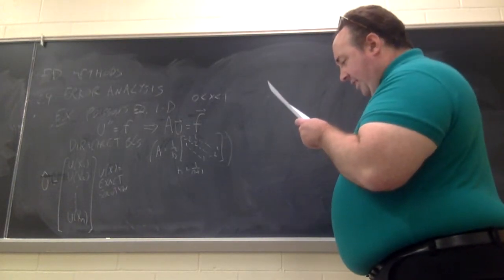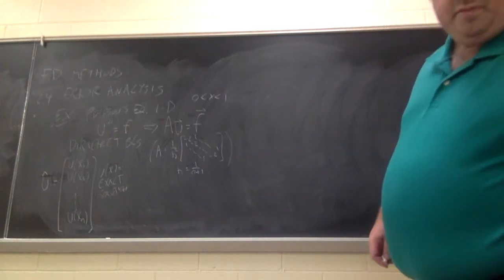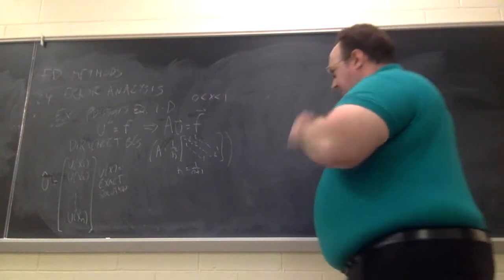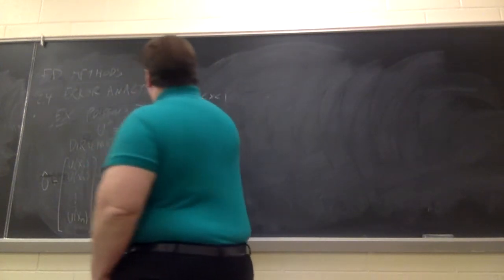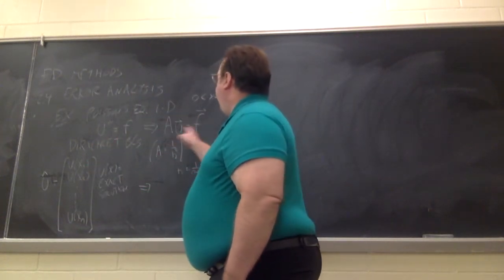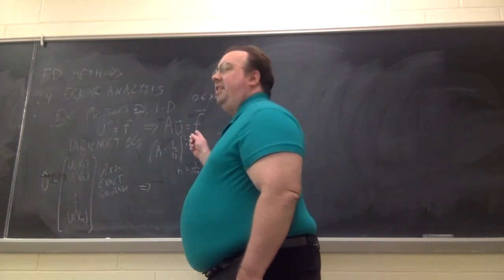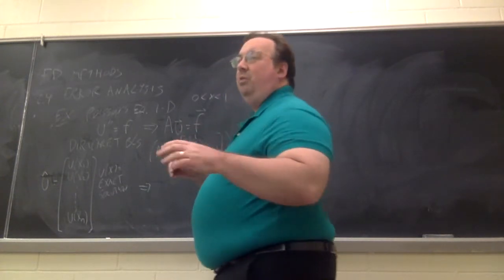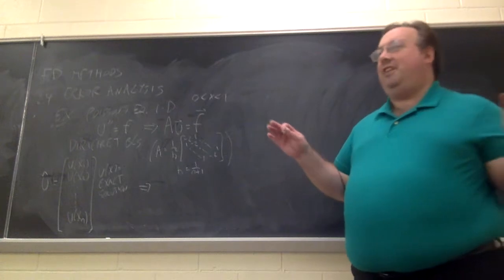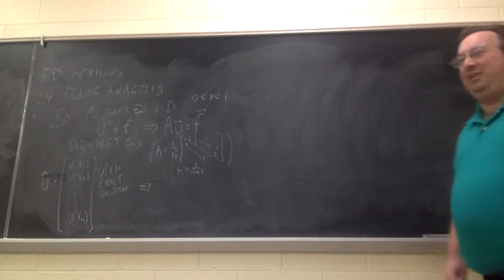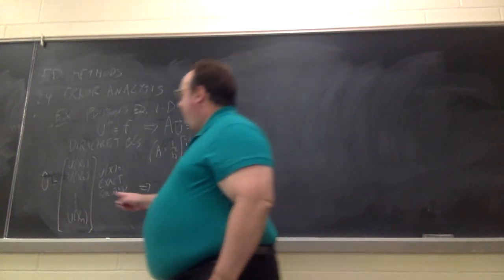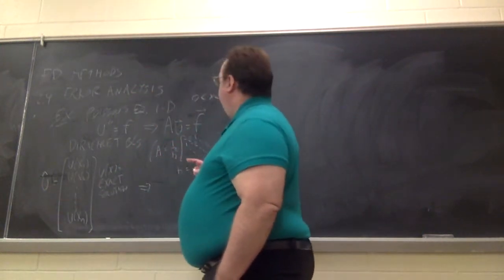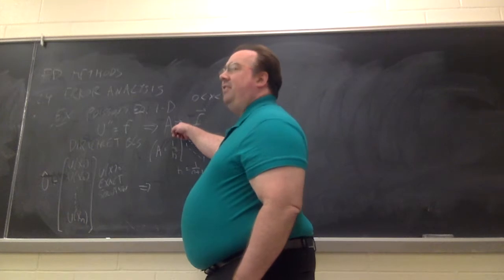Now, our computed solution satisfies this system exactly, except for round-off error. But we're not going to talk about round-off error here because this is not 560. You're welcome. Now, the vector U hat is not going to satisfy this exactly.